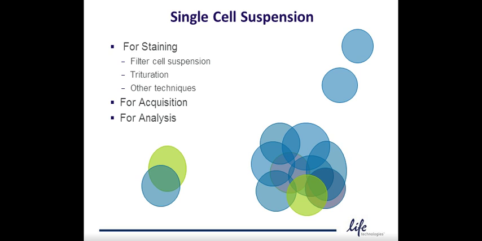So before staining, there are some things that you can do. You can filter your cells through a 35 micron mesh filter to remove the larger clumps. You can do a process called trituration. This is taking your cells and aspirating them back and forth through a very small needle, such as a 25 or 26 gauge. It may not be the best approach for delicate cells, however.